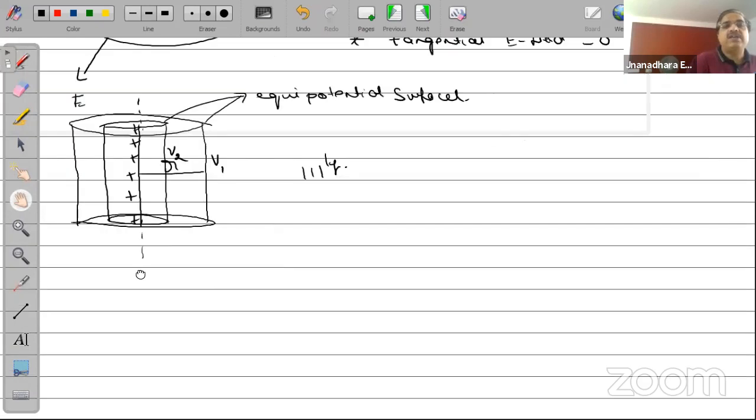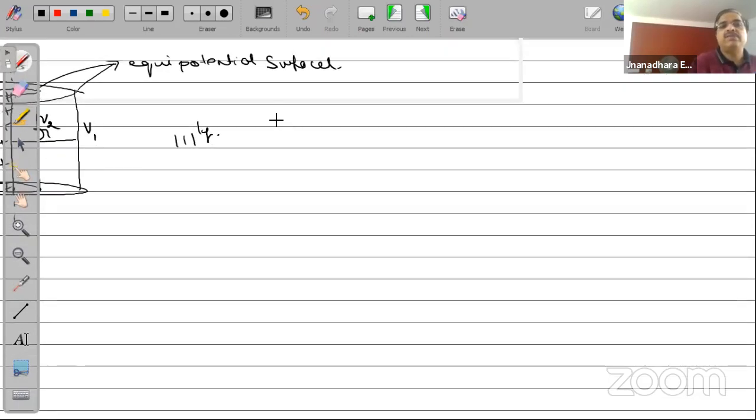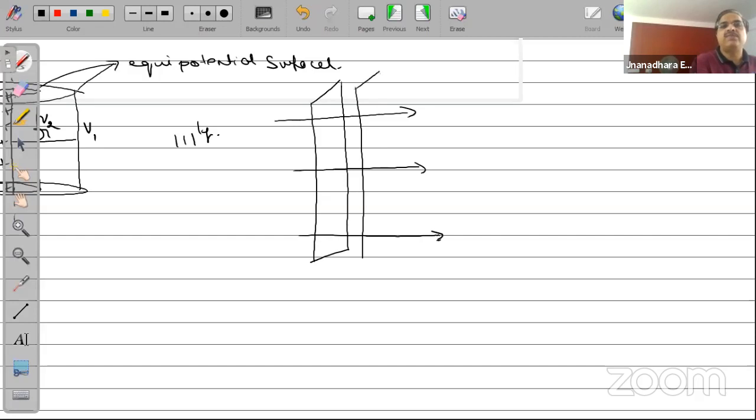So similarly, if the electric field is uniform, like this, okay, then the equipotential surface will be the planes perpendicular to that. All planes perpendicular to the electric field will be equipotential surfaces.